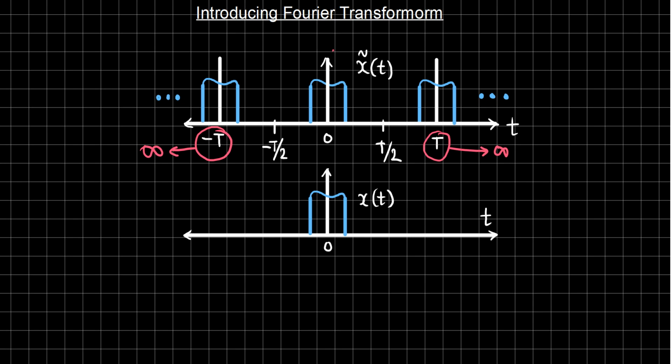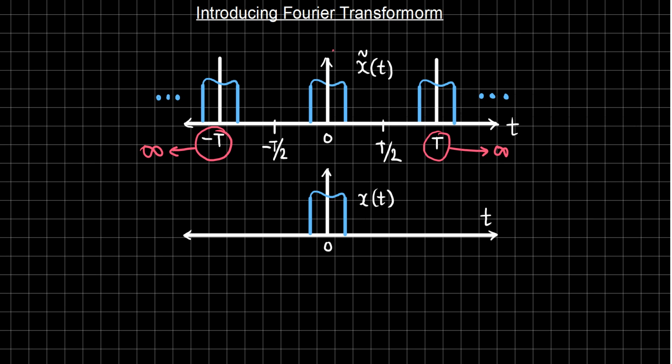If I do that, the replicas or copies of the signal are going to be there tending towards infinity, and hence we can obtain this aperiodic signal, that is x of t. So if we somehow impose the constraint of capital T tending towards infinity in the Fourier series representation, we may get a representation for an aperiodic signal x of t.